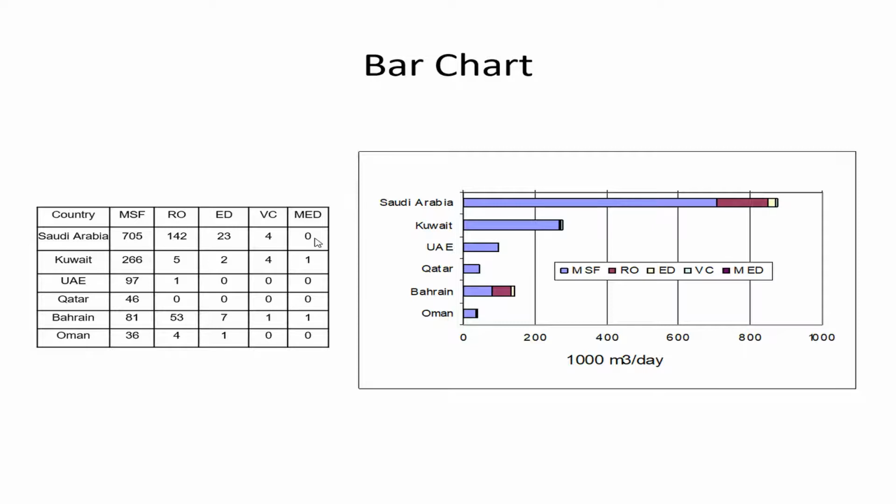Not to make you think too much, this is desalination technologies used in these Gulf countries, because 2/3 of the desalination plants exist in the Gulf countries because they have shortage of water and they have plenty of affordable and cheap energy.